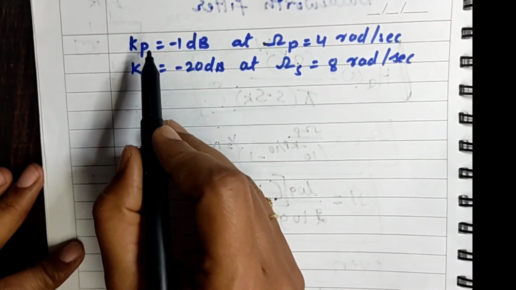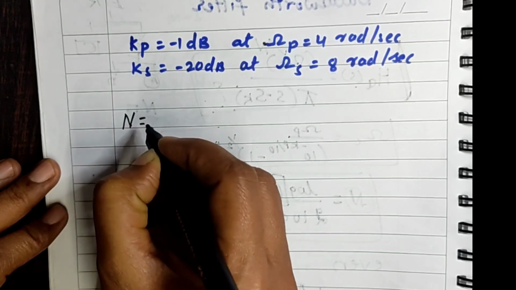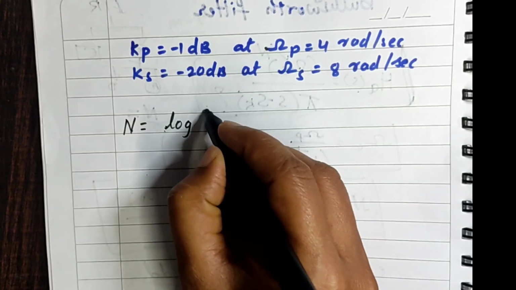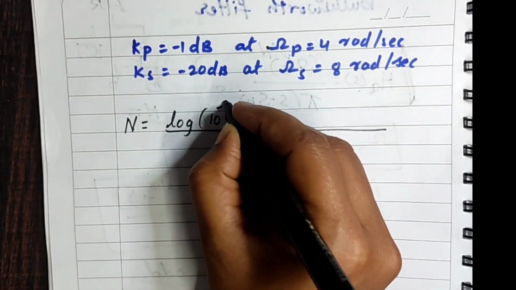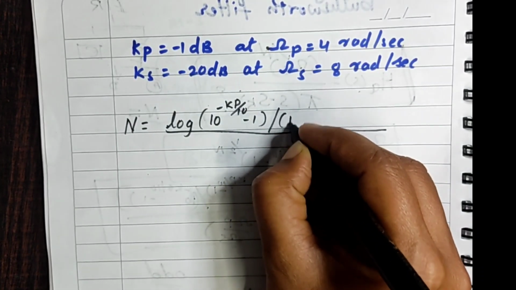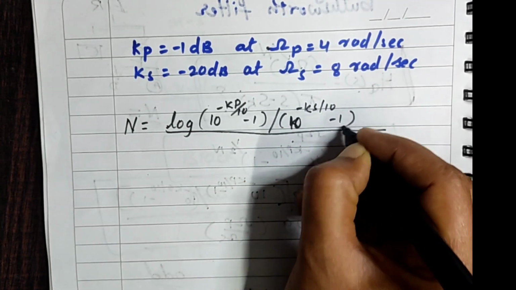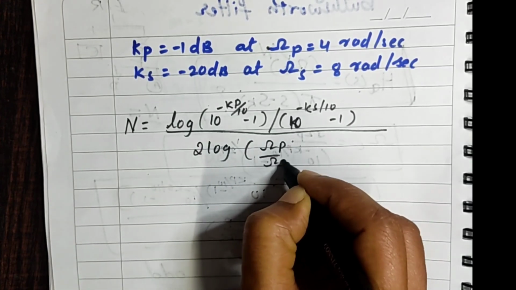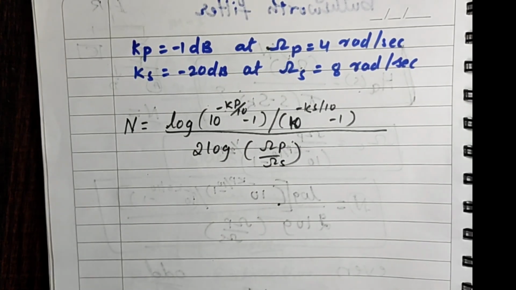This is the data we have: Kp is equal to minus 1 dB and so on. So the formula is n is equal to the ratio of log of 10 to the power of minus Kp by 10 minus 1, whole divided by 10 to the power of minus Ks by 10 minus 1, whole divided by 2 log of ohm P by ohm S. Now let us check, do we have all the parameters or not?